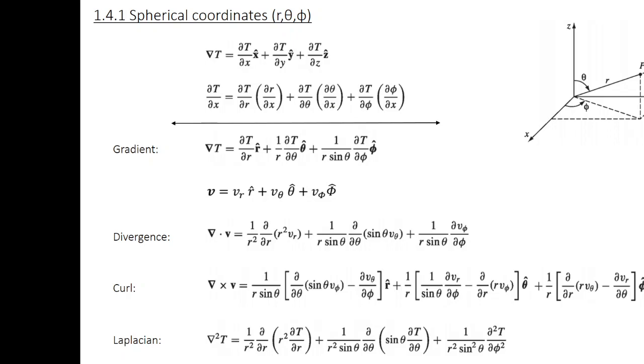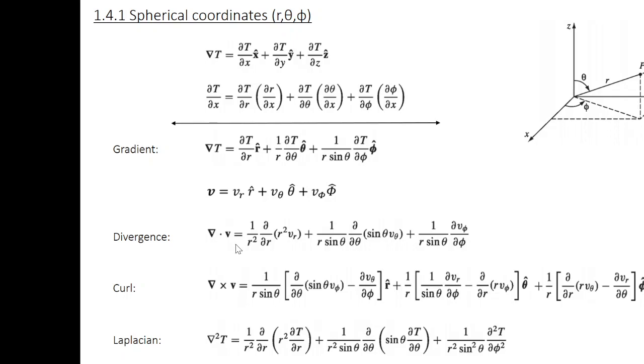Anyway, the gradient of t is defined as dou t by dou r r cap plus 1 over r dou t by dou theta theta cap plus 1 over r sin theta dou t by dou phi phi cap. Coming to divergence and curl, you have a vector function v equal to vr r cap plus v theta theta cap plus v phi phi cap.